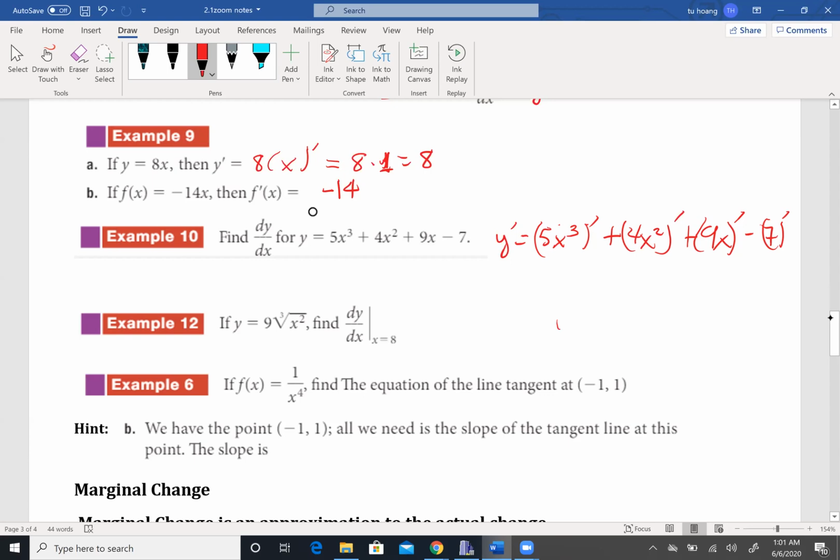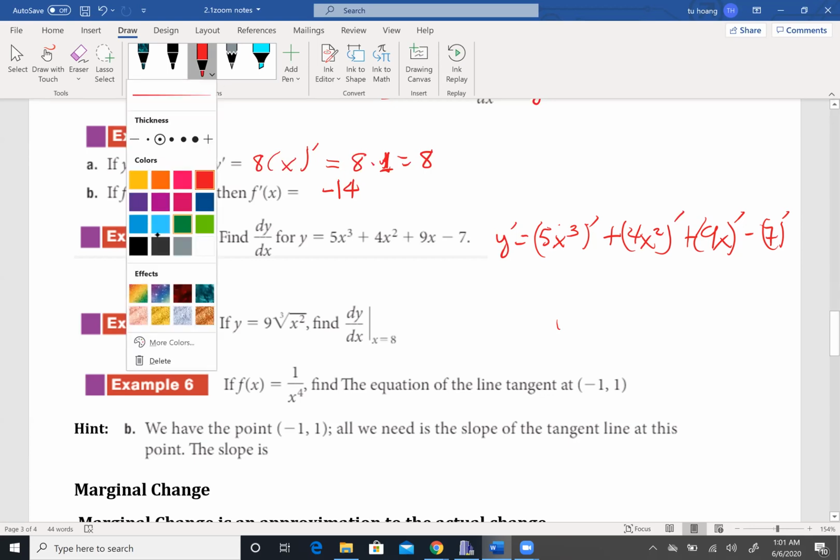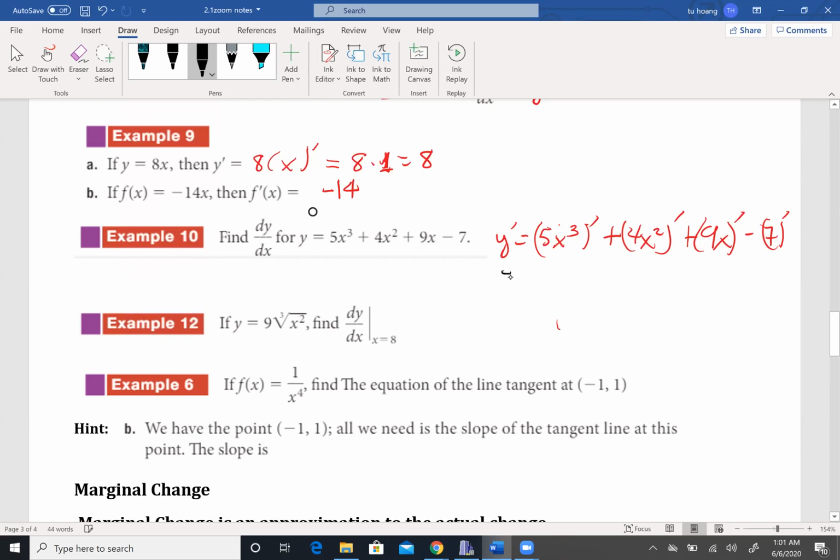So for the first term, you can apply the multiplication between a function and a constant, right? The function in here is x cubed. So I can just keep the number 5 and I put down 3, so I multiply by 3, and then x to the power 3 minus 1 equals 2, right? And then plus 4.